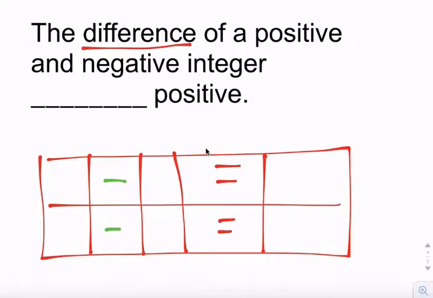It says the difference of a positive and a negative integer. Now, it's important that I write these down with what was said first. They said positive first, so my positive number has to come first. They said negative second, so my negative number has to come second. And I want to see whether or not this results in a positive response. Okay. Let's come up with some numbers.